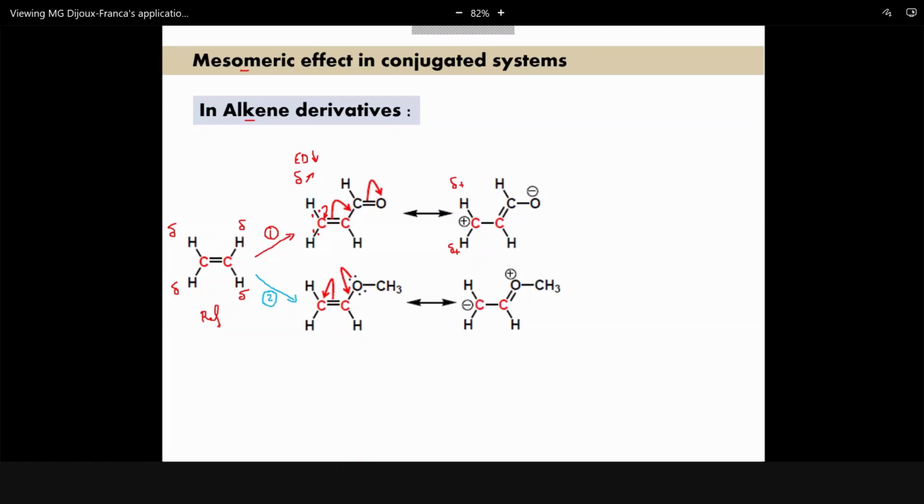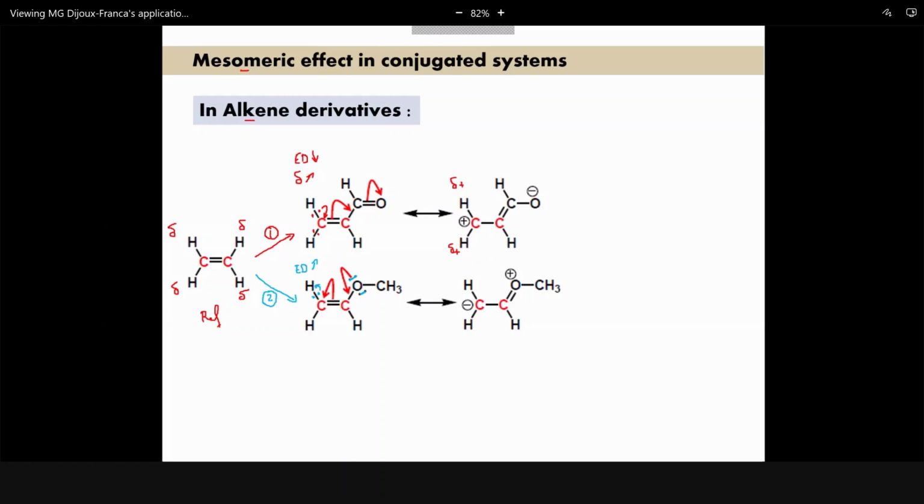So the doublet of electrons here will be donated to the double bond, and we will have a movement of electrons like that. So the electrons here will go closer to the protons, so the electronic density will increase.